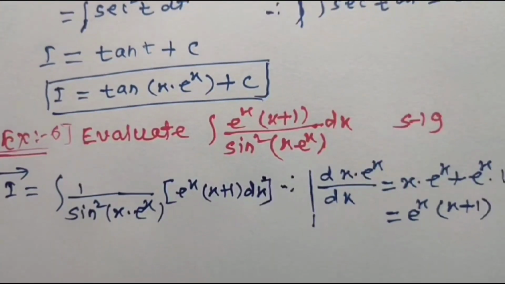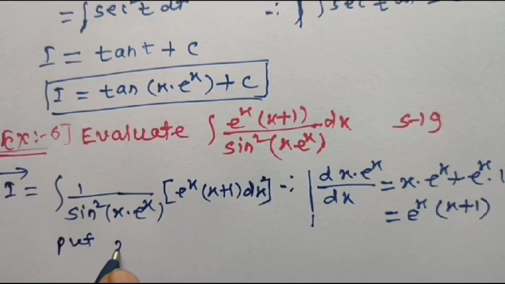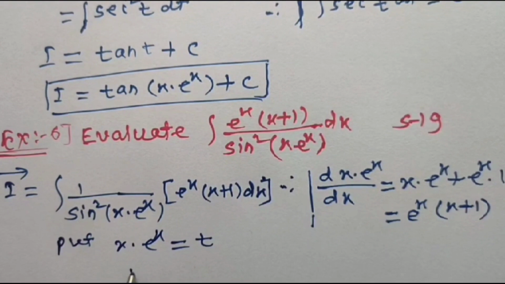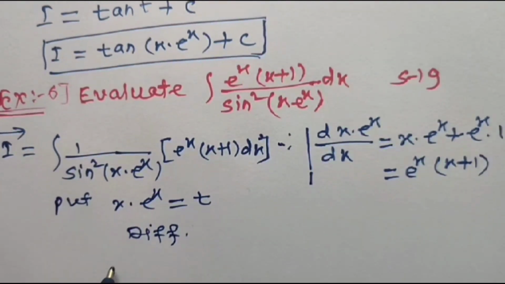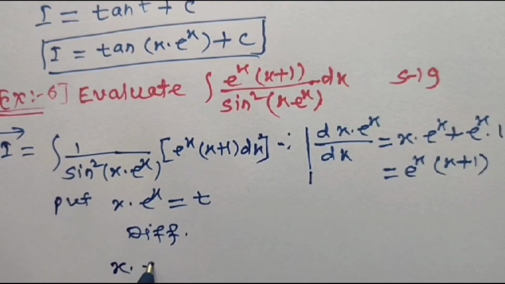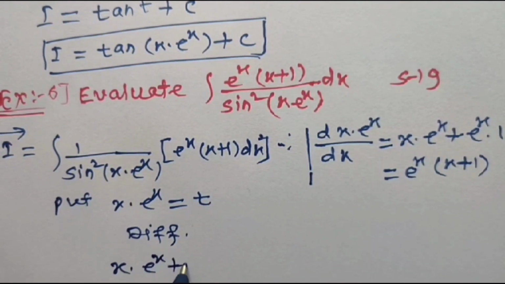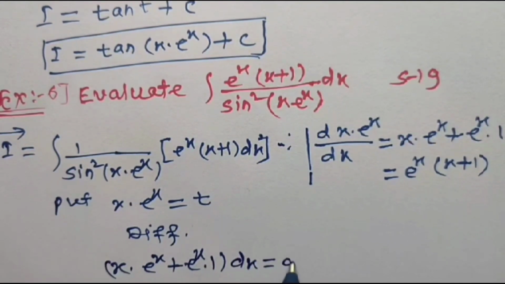Now use substitution, put x into e to the power x equal to t. Differentiate this. Hence, first function as it is times derivative of second function, we have obtained here e to the power x plus e to the power x into 1 dx is equal to dt.